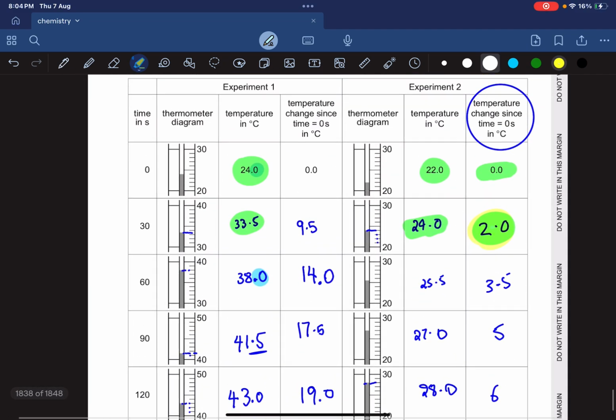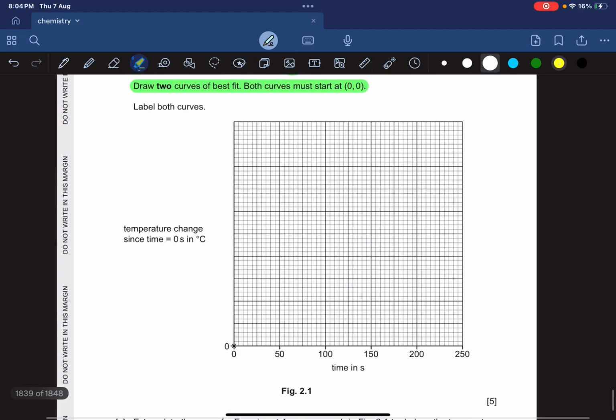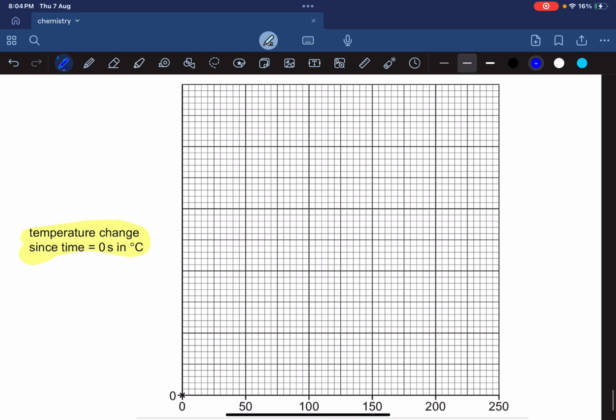Don't consider they're asking for temperature, no, what they've asked for is the change. So we have to plot the change from 2 to 20. So let's figure it out. 5, 10, 15, 20. No, this can be 5, this can be 10, this can be 15, and this can be 20. I guess that's the best thing that we could do.